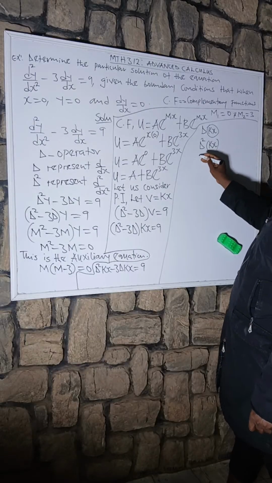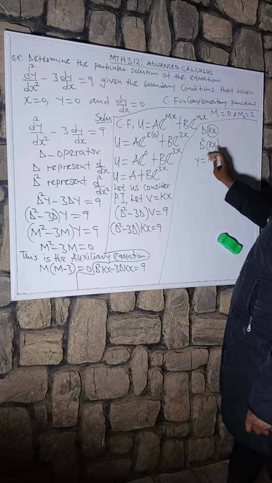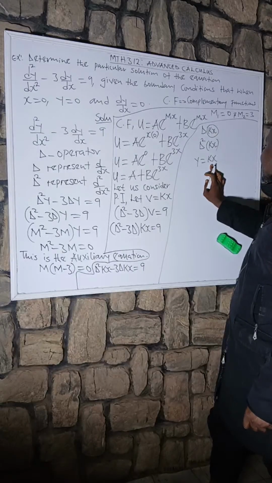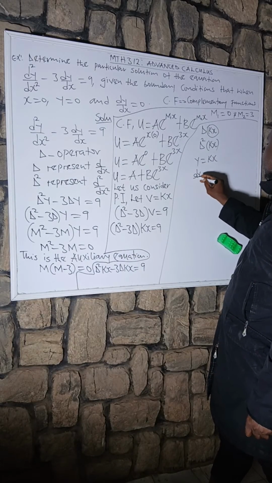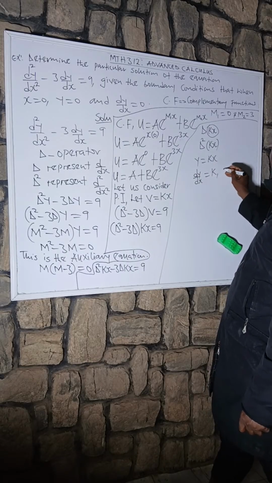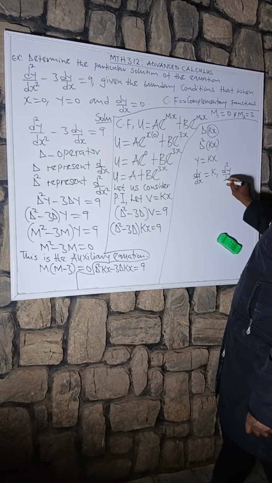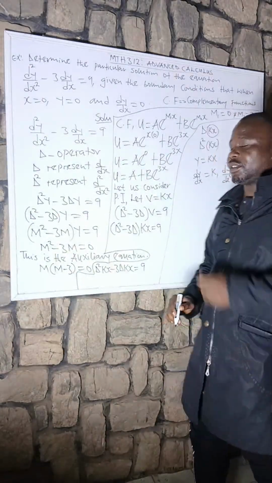Just like y equals kx, you are differentiating this with respect to x twice. So if you differentiate y all over x, it gives us k. Then if you differentiate again, d squared all over x squared, this will give us 0, true or false?